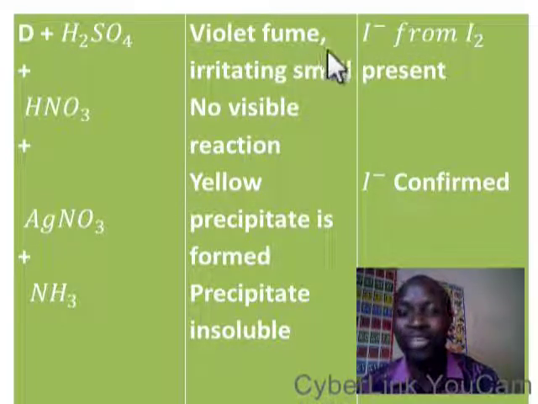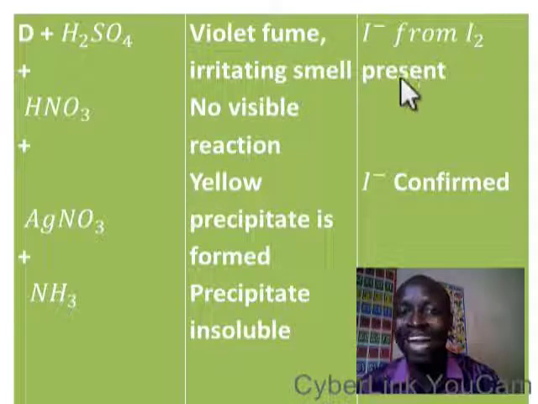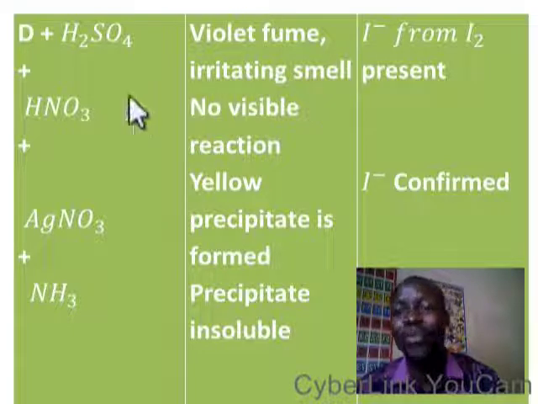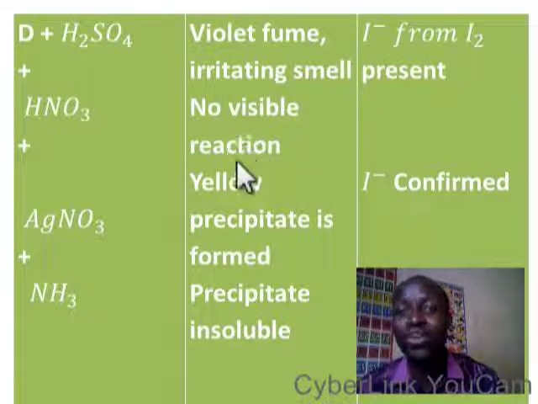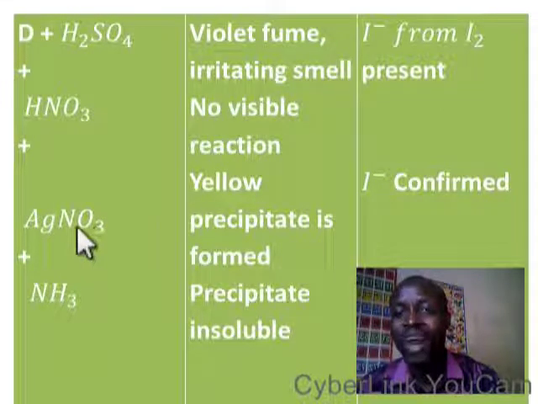There is no brown here, but brown is supposed to be there. Brown fume shows that I minus from I2 is present. The smell is irritating. When you add HNO3, there is no visible reaction. When you add AgNO3, you have yellow precipitate.